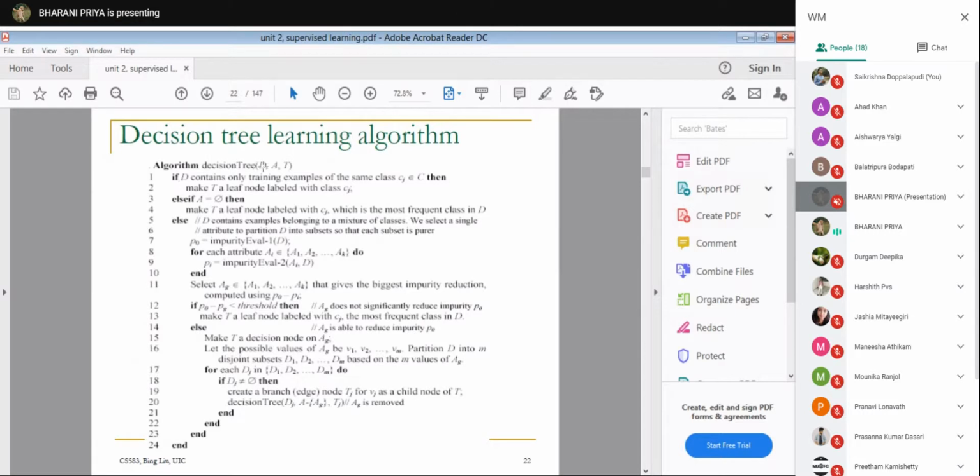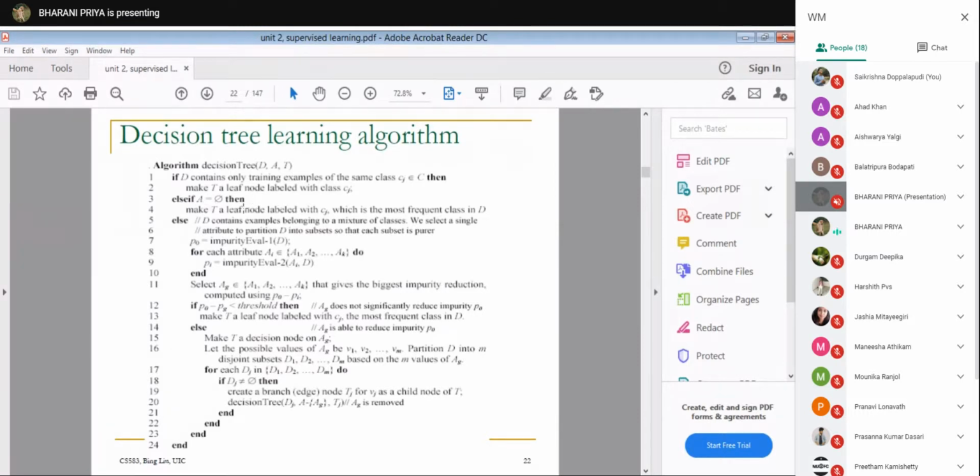Okay, that is the pseudocode. You are taking the data, attributes and training examples. If D contains only training examples of the same class, then make T a leaf node.